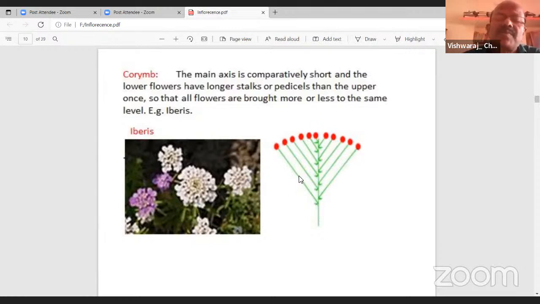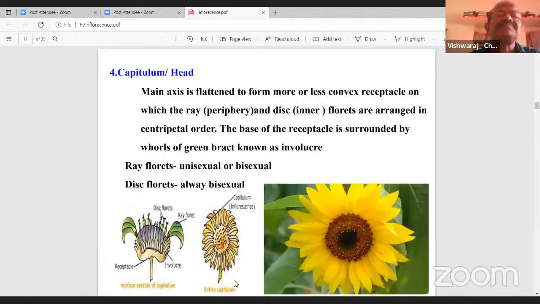For this, lower flowers have long stalk, then some upper ones have smaller, and the uppermost have very small stalk. Example is Iberis.